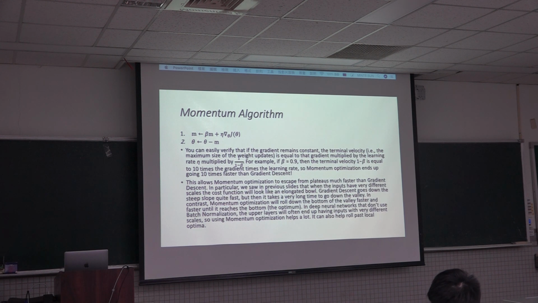If you use gradient descent, because the plateau is long and the gradient is very small in the plateau area, it takes a long time for the gradient descent optimizer to move past the plateau. But momentum optimization is going to move much faster in that plateau area. So you can escape from a plateau much faster.